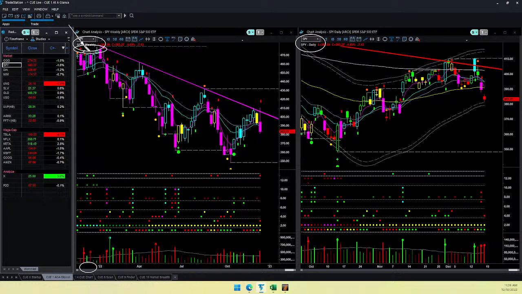Remember I showed that is when the Hindenburg signal came in the market breadth. And what did SPY do after the Hindenburg signal came in market breadth total view? It continued to go down, down, down, making lower high and lower low.